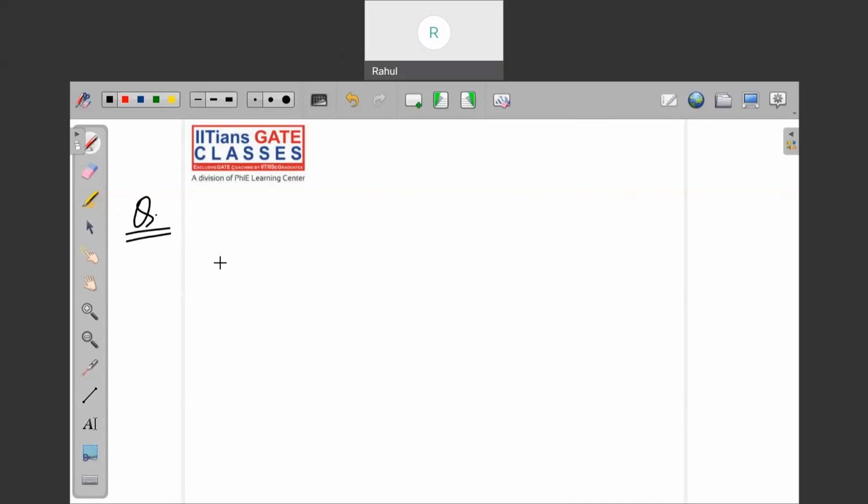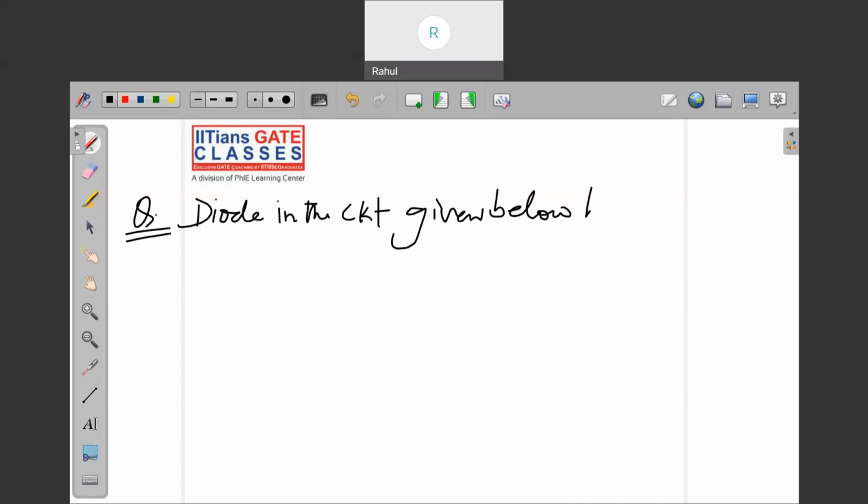Diode in the circuit given below has V on equal to 0.7 volt, but is ideal otherwise.